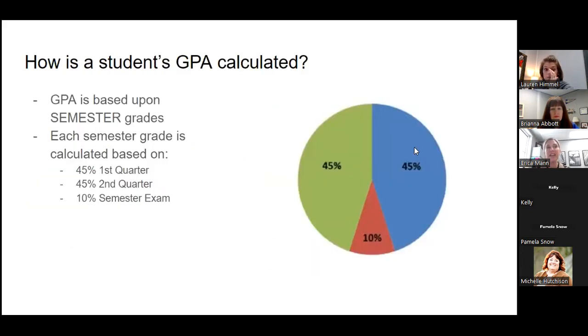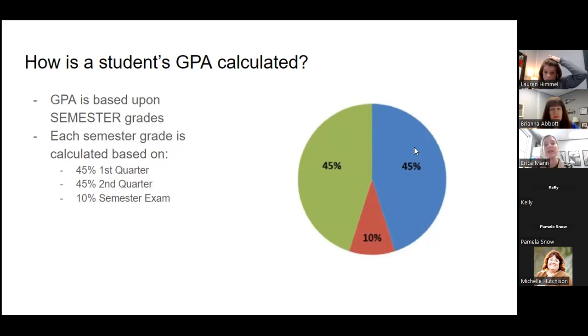So this is just a breakdown of how a semester GPA is calculated. Quarter grades, like I had said, are not counted into the GPA. It is the student's combination of first quarter and second quarter combined with the semester exam. That is how that first semester GPA is calculated.